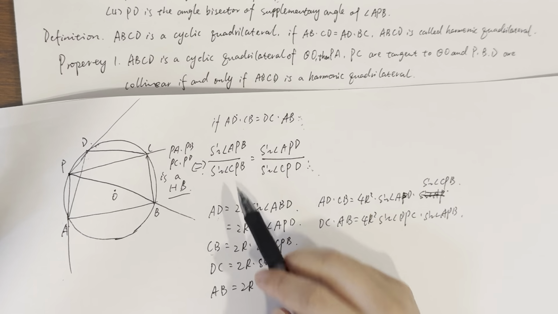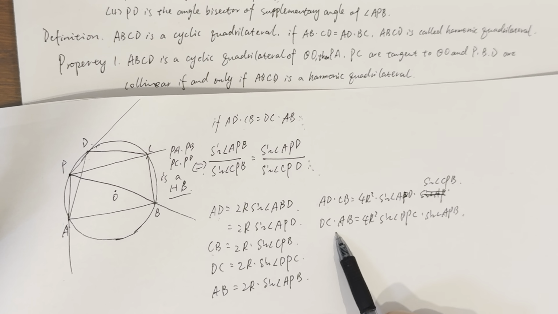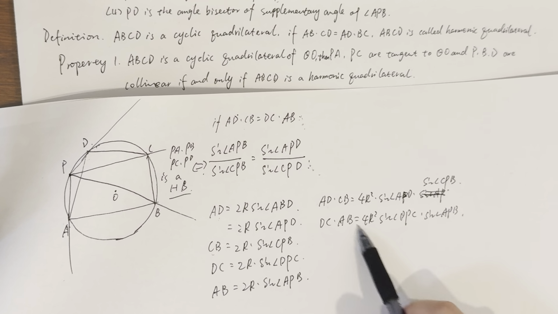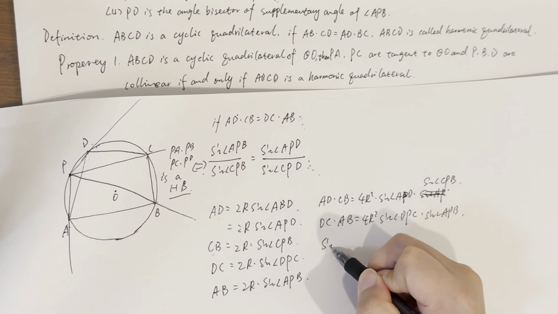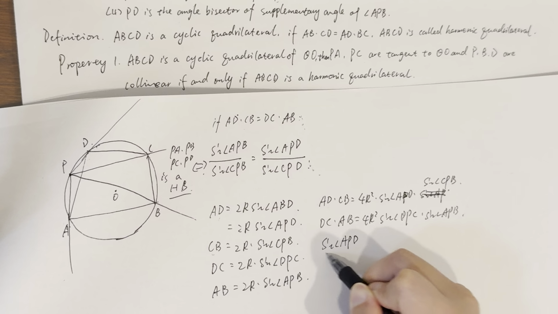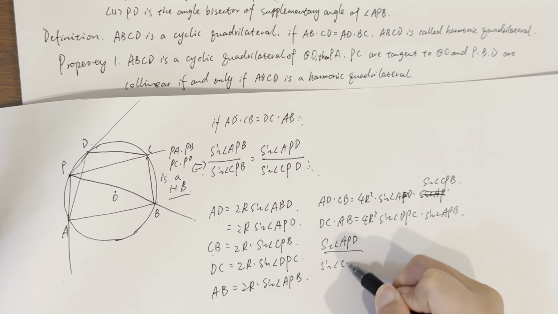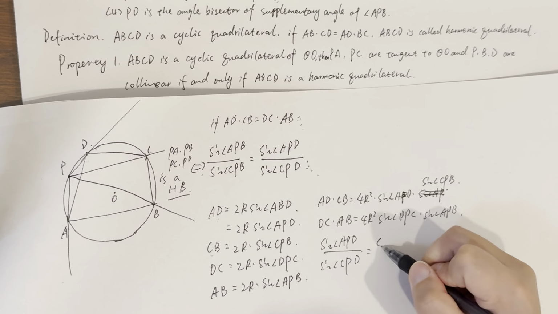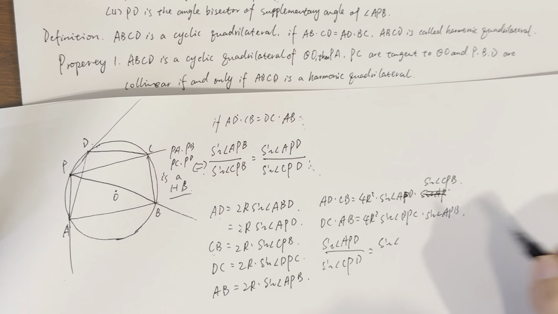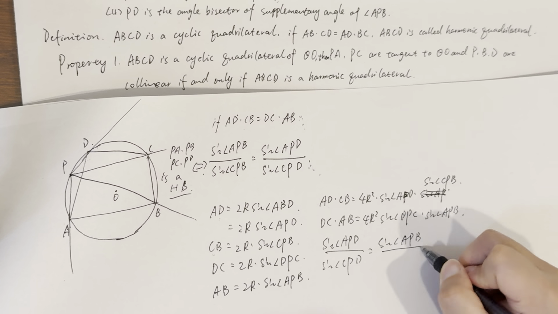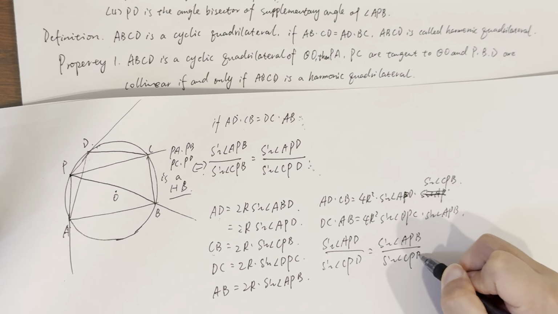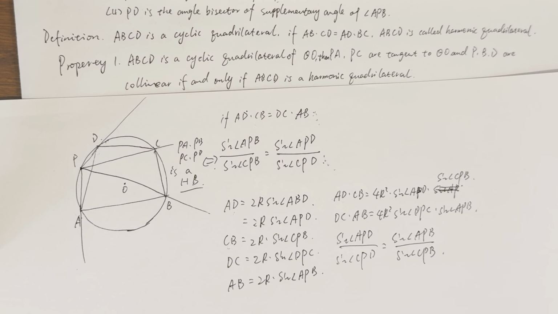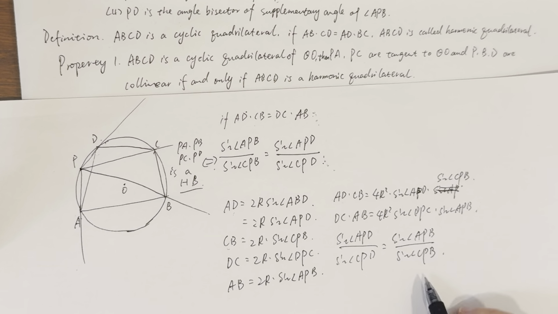So it's obvious that if this one equals this one, the 4R squared cancels, so we have sine angle APD to sine angle CPD equals sine angle APB to sine angle CPB. Right, and vice versa.